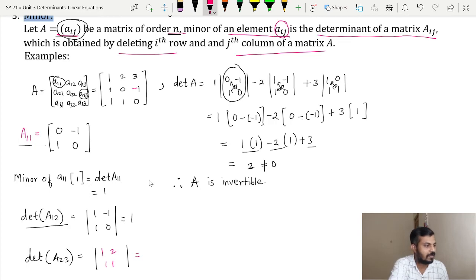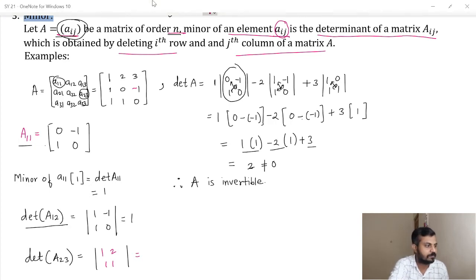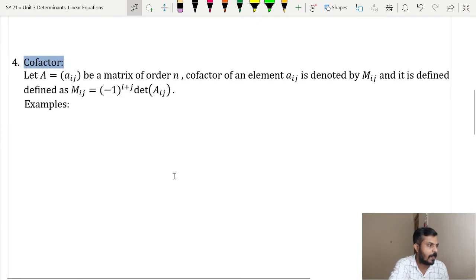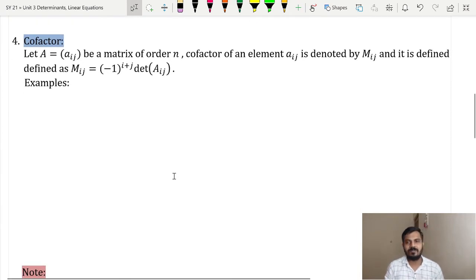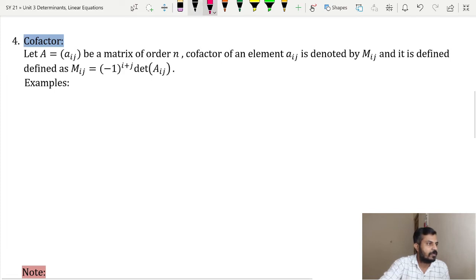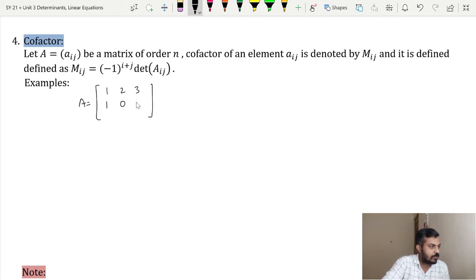Now moving towards the next definition, that is the cofactor. You have already studied this before, so we are going a little bit faster. What do you mean by cofactor? We will take the same matrix A, which was equal to [1 2 3; 1 0 -1; 1 1 0]. If A = [Aij] is a matrix of order n, then the cofactor of an element Aij.